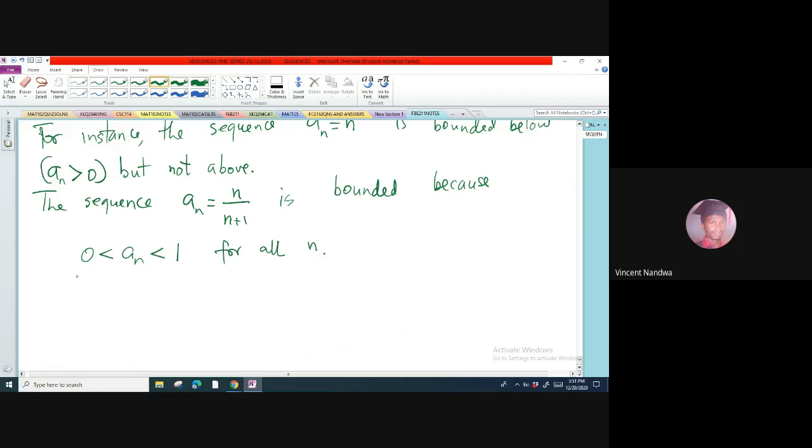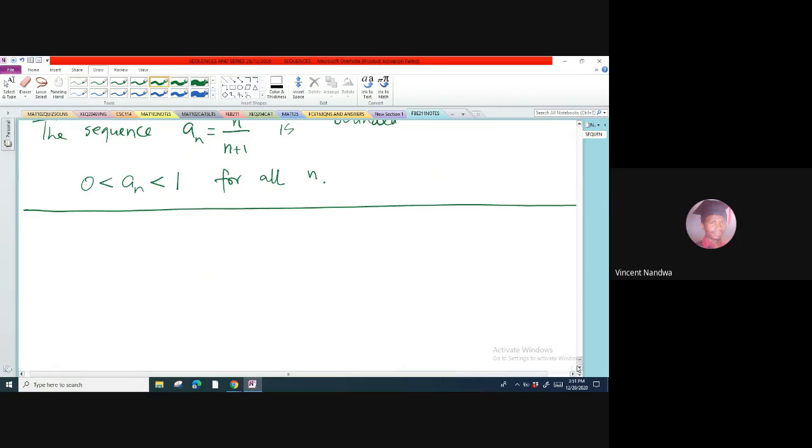So the next statement that we need to remember is that not every bounded sequence is convergent.